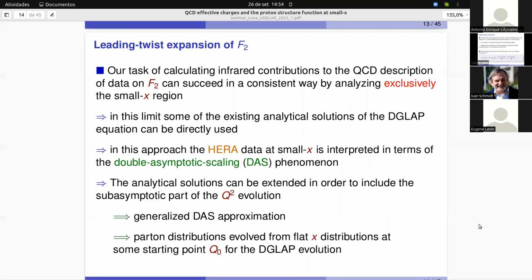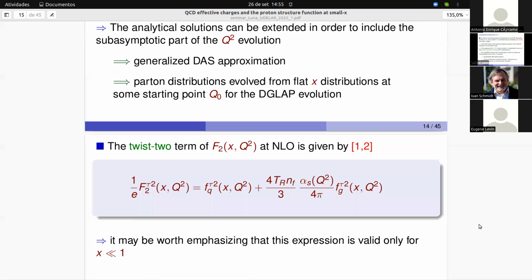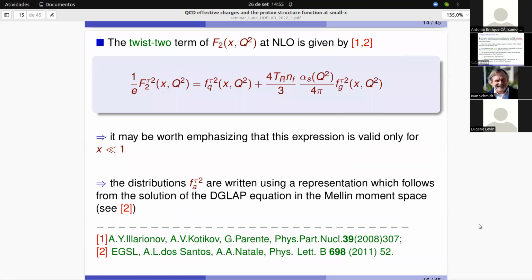We have used a formalism given some time ago by Kotikov and Parente.